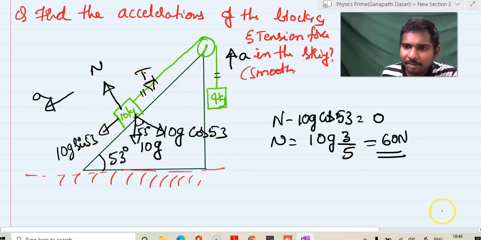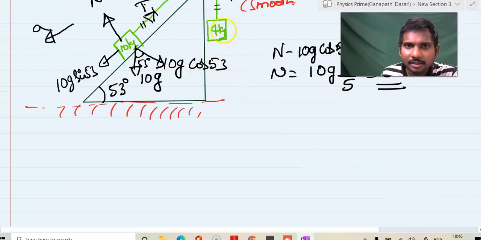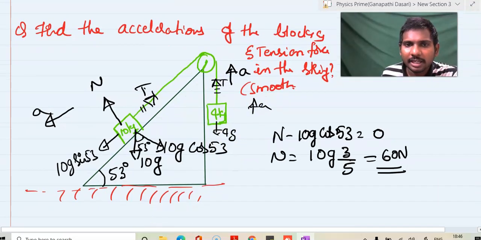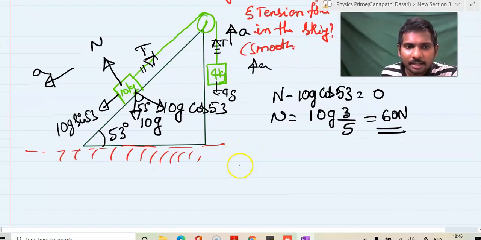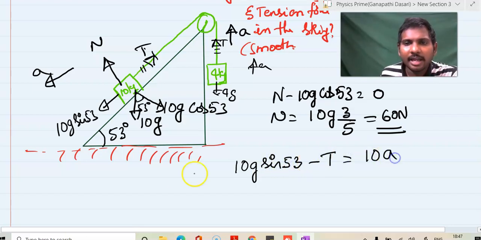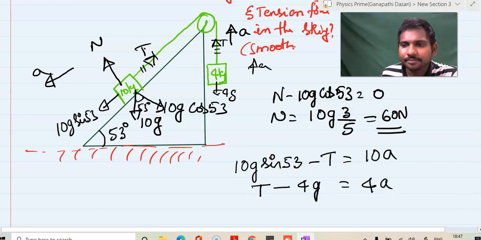Along the inclined plane, if we draw the equations for this 4 kg block also, there will be tension in the upward direction, force in the downward direction, and acceleration in the upward direction. So for these two blocks: 10g sin 53 minus tension is equal to 10 into a, and T minus 4g is equal to 4 into acceleration a.